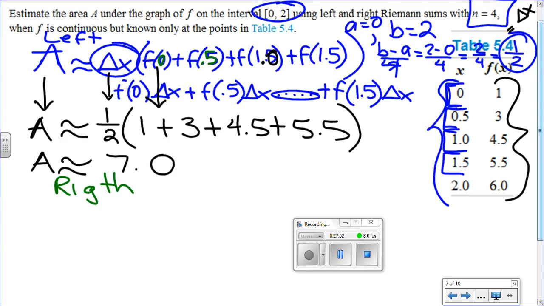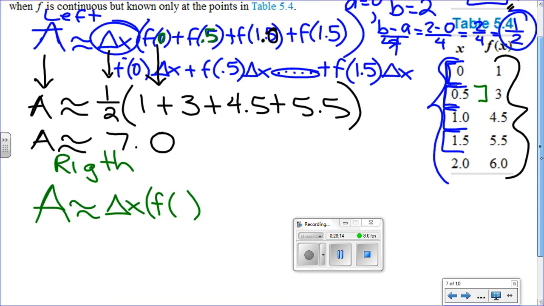Since you already understand what we're doing with factoring the delta x, I'm just going to write it that way. So it's going to be f, not of 0, but of 0.5. That's because we're doing the right point Riemann sum, so we want to look at from 0 to 2.